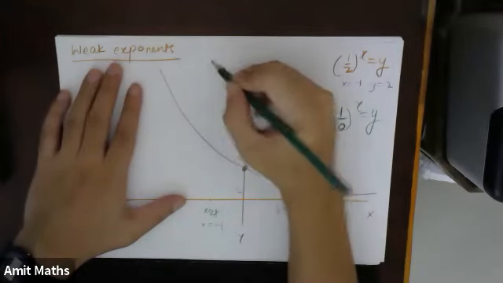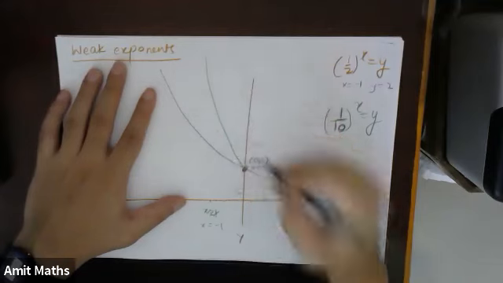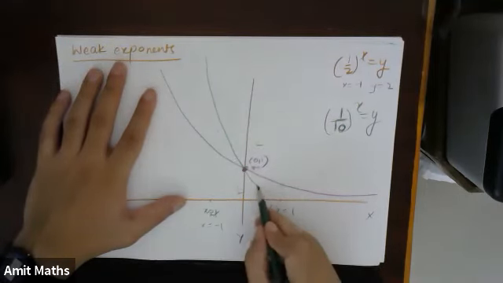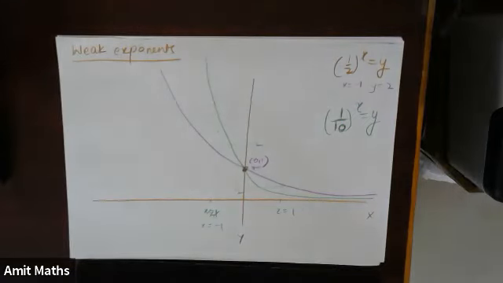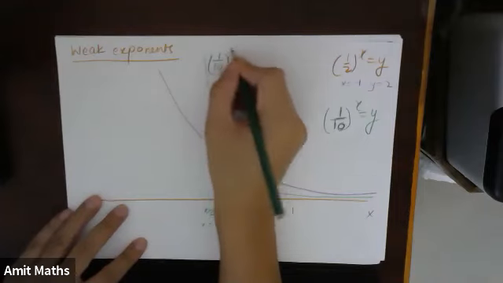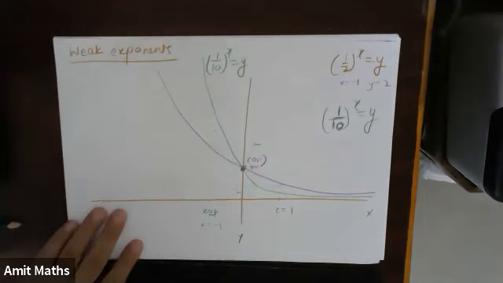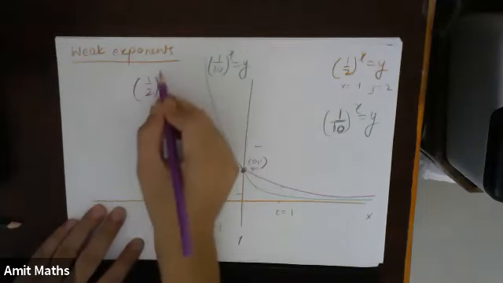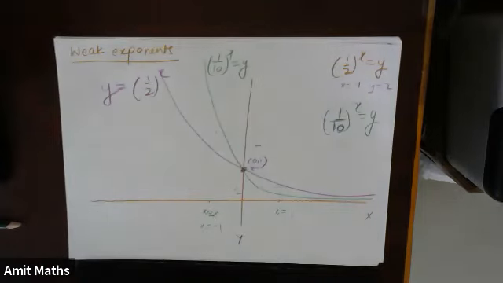So this will be something like this. Understood? This is for 1 by 10 to the power x is equal to y, and the previous one is 1 by 2 to the power x is equal to y. Fine. So these are the two different graphs.